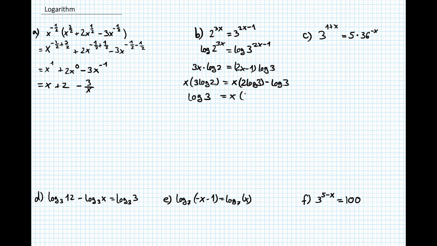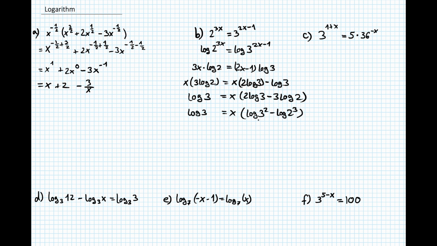So it will be x times 2 log 3 minus, and then also x, so we just keep it here in front, 3 times log 2. Alright. And now this side we can still simplify. 2 log 3 will be the same as log 3 to the power of 2 minus log 2 to the power of 3.